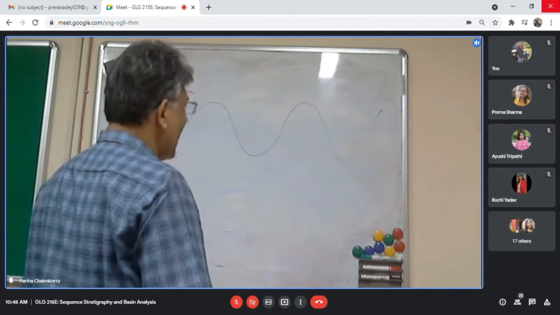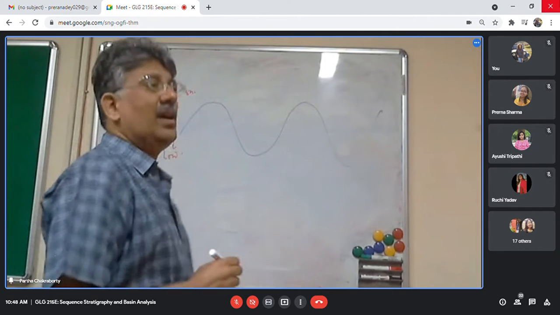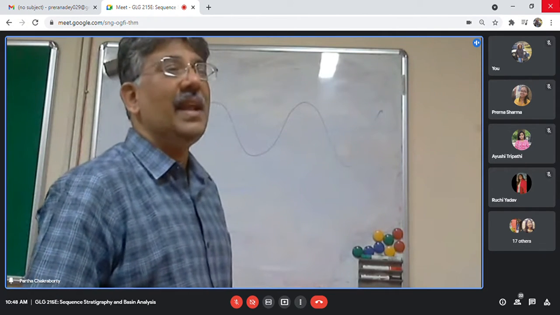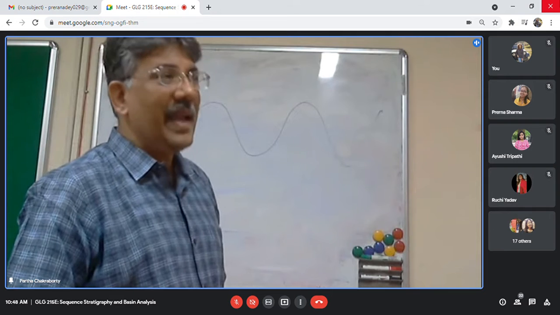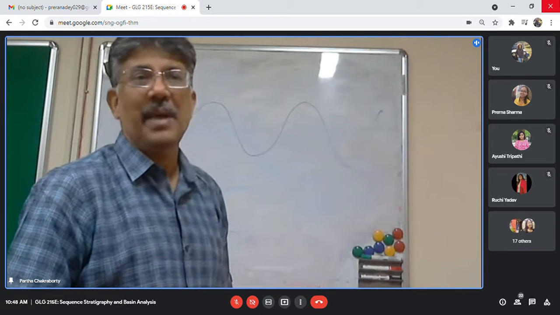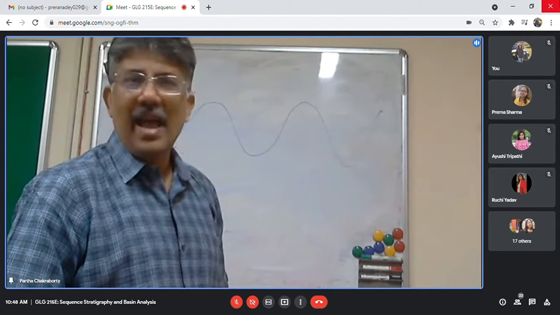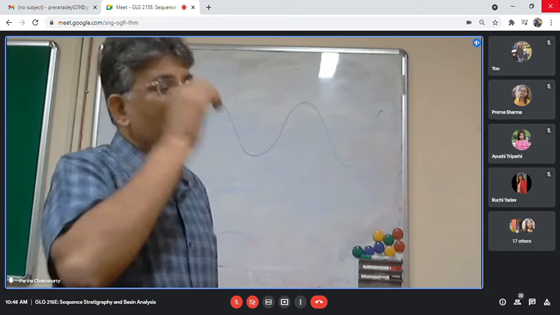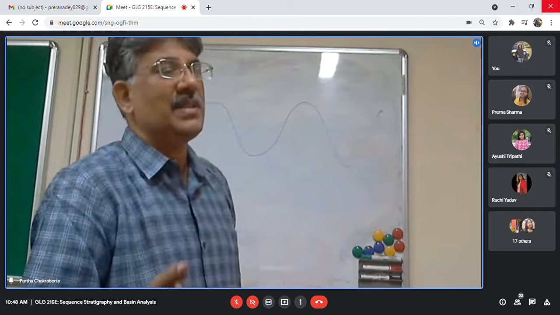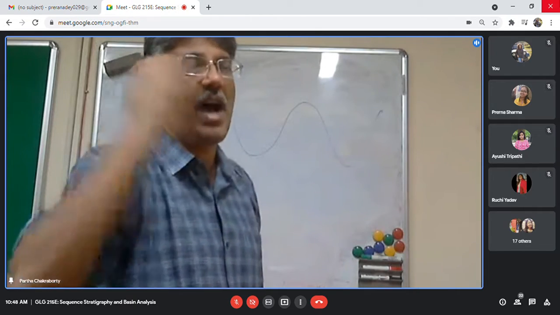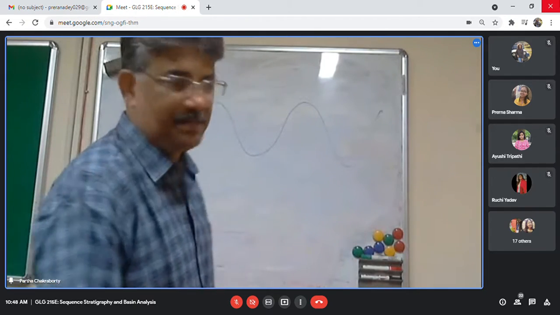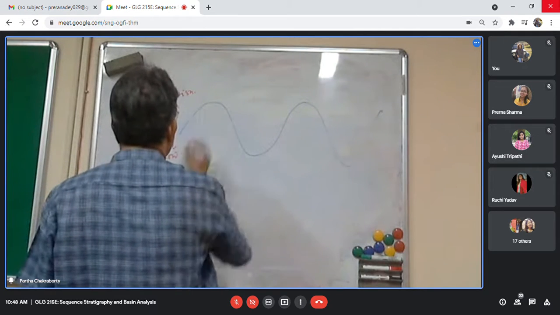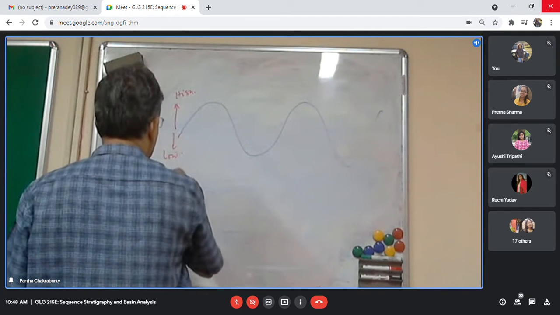I discussed earlier also that the absolute base level curve really doesn't matter. It is the rate of base level change that actually matters on a coastline. The actual base level curve has no value, because the sedimentation and the rate of base level change basically affect how a coastline will behave. So if I take the rate of base level change, this is the rate curve.